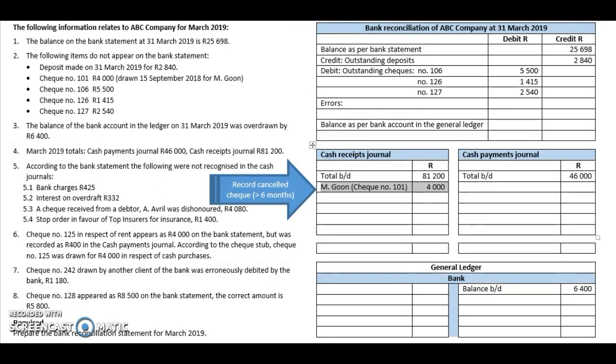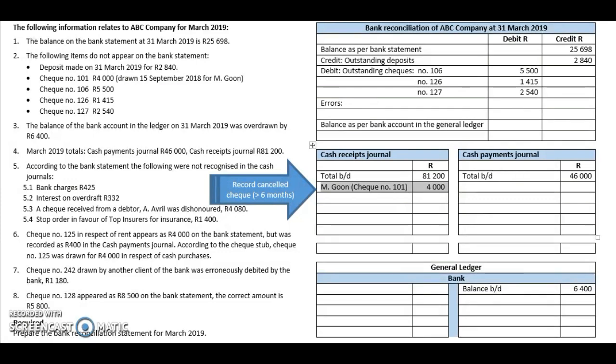Because the check must have previously been recorded in the cash payments journal as it is a check payment, to cancel the payment you have to record it in the cash receipts journal. To cancel payments or part thereof, record it in the cash receipts journal, and to cancel a receipt or part thereof, record it in the cash payments journal.